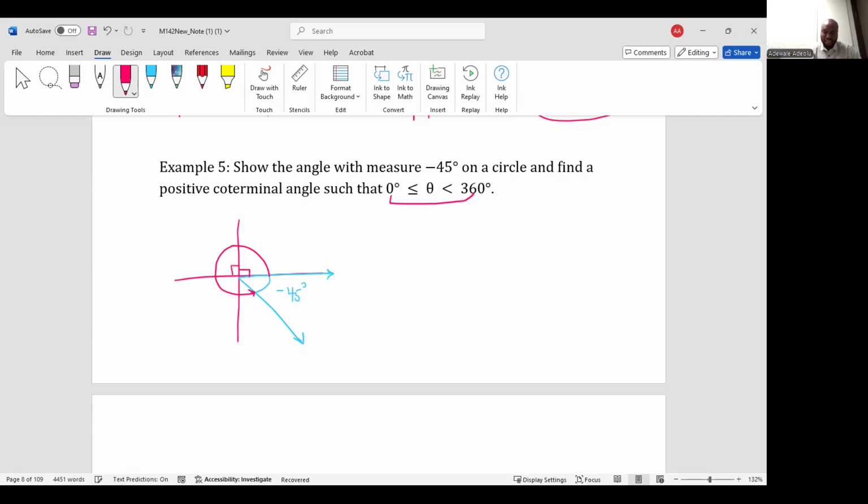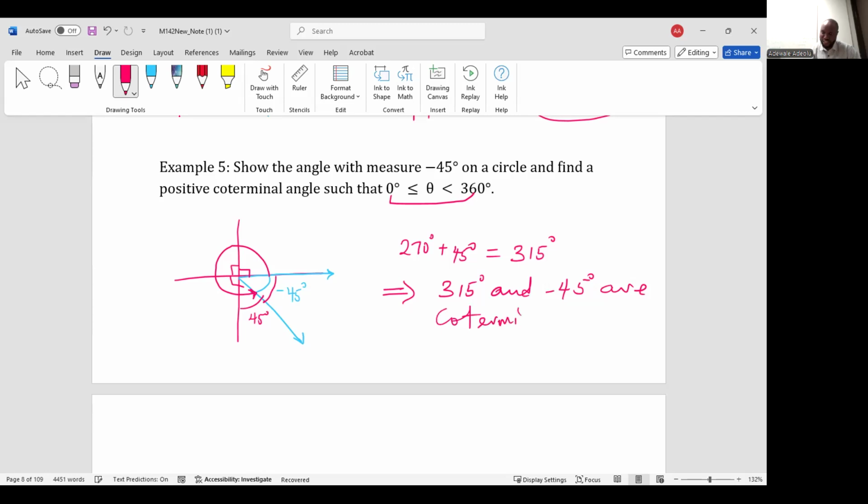Here to here is 90. Here to here is 90. That is 270 degrees plus. Now, if here to here is 45, here to here is also 45. So we just need to add that 45 so that we can get to this point. So that is 315 degrees. That implies that 315 degrees and negative 45 degrees are coterminal.